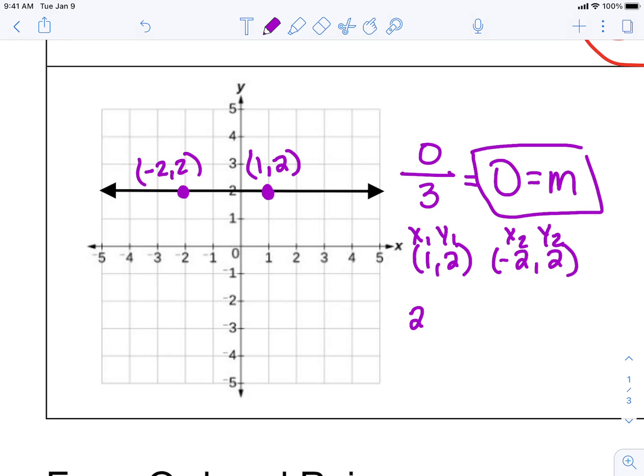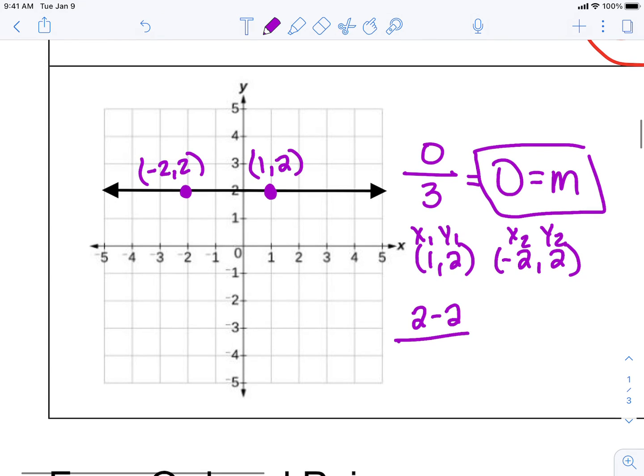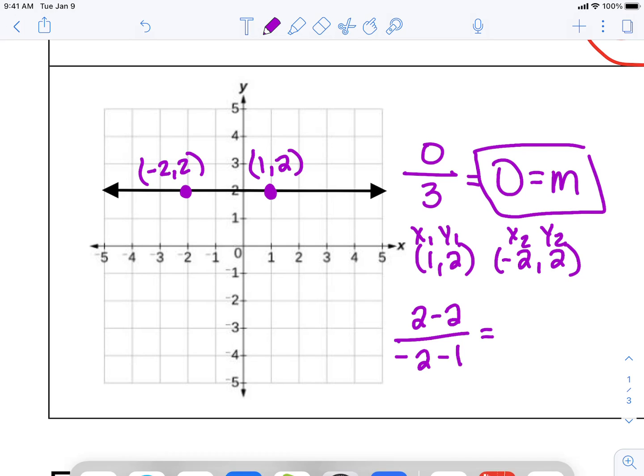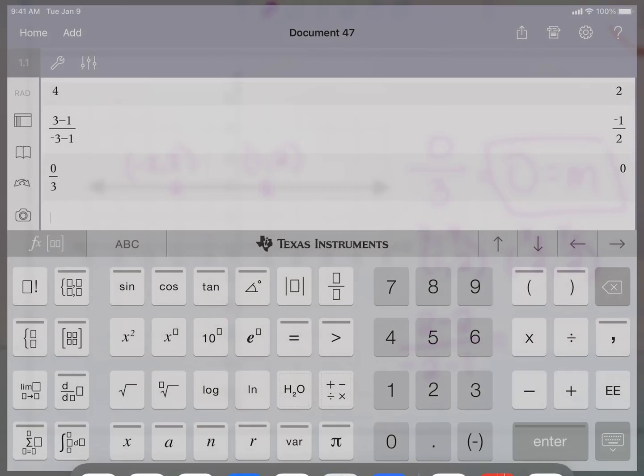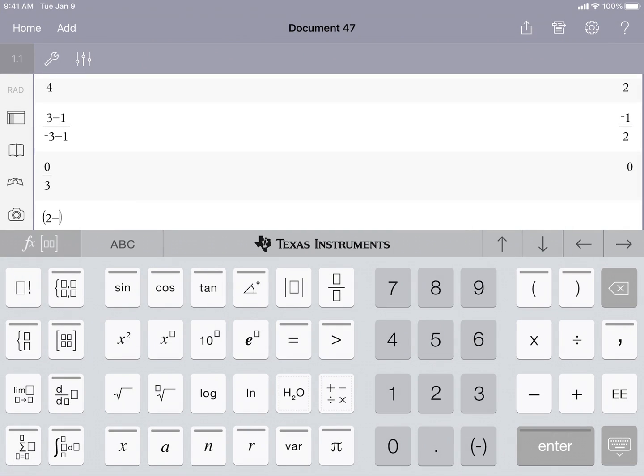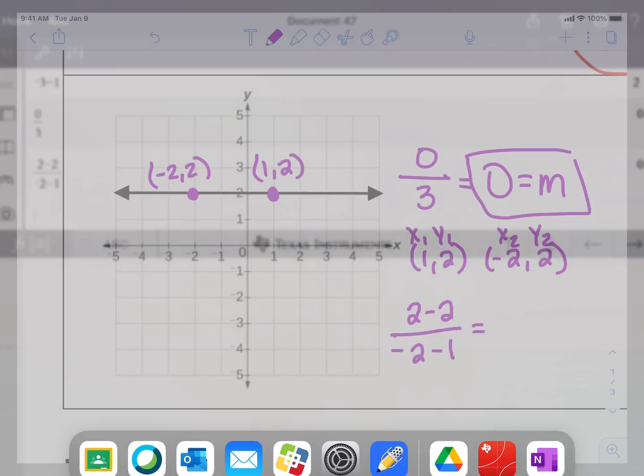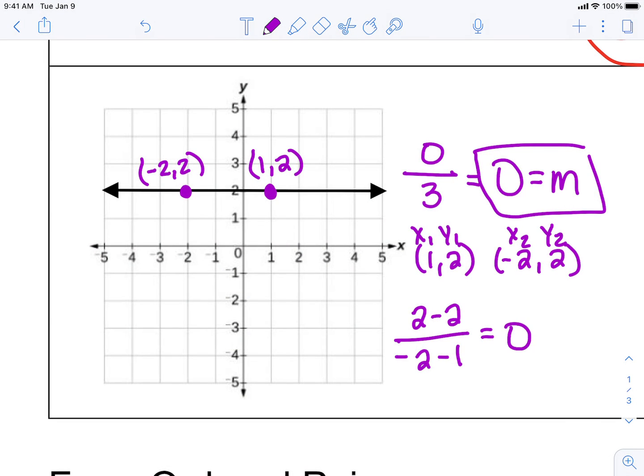So I have 2 minus 2 over -2 minus 1. I'm going to type that into my handy dandy calculator. So 2 minus 2 over -2 minus 1. Type it in, I get 0. So again, it does not matter which way you want to solve this. It's whatever's easiest for you. You can solve it that way and get the same answer.